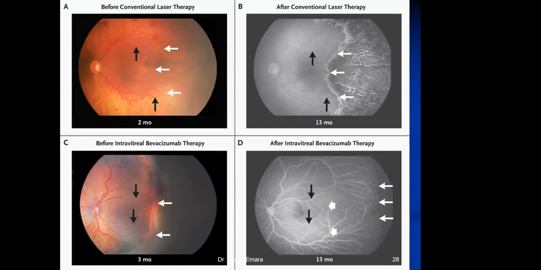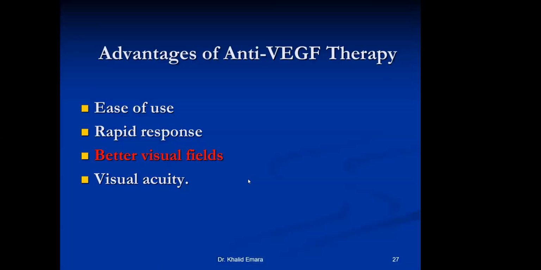These straight vessels are the choroidal vessels, and the retina in the periphery has been permanently destroyed, compared to image C, showing extensive ROP almost in zone 1 with extensive new vessels. And after anti-VEGF injection, 13 months later, the vessels have grown and reached the periphery with no visual field contraction. And this is one of the advantages of anti-VEGF.